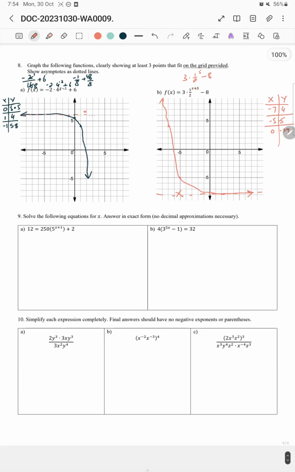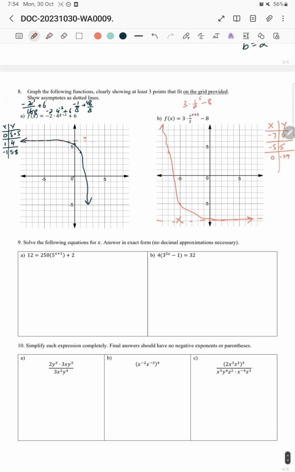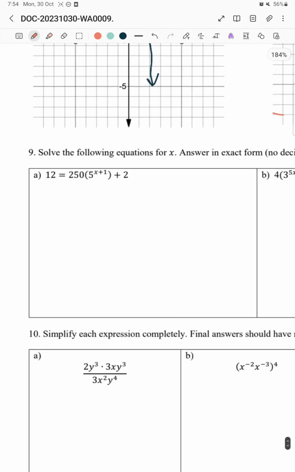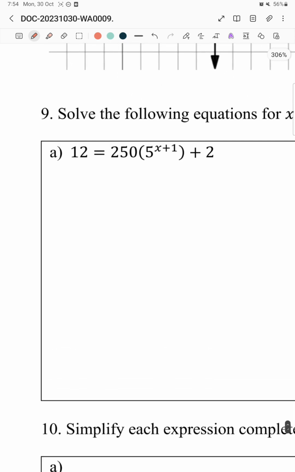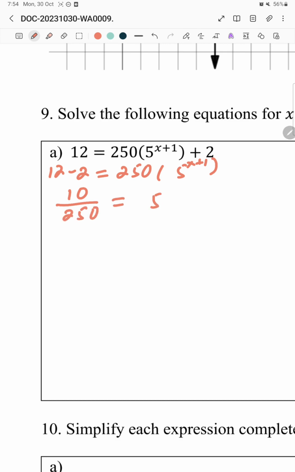Okay. Solve the following equations for x, answer in the exact form, no decimal. Okay. So first of all, 12 minus 2. 10 by 250. 25 inverse 1.